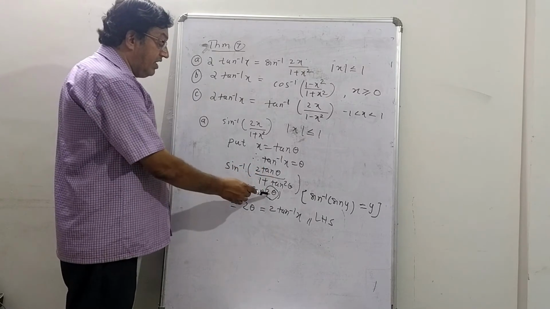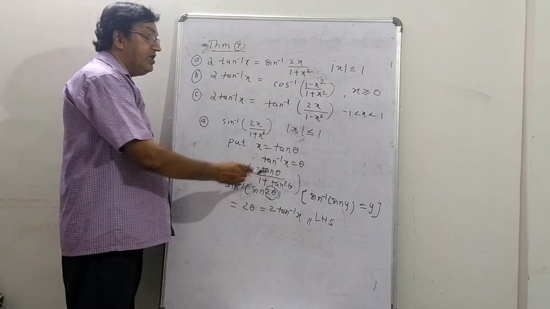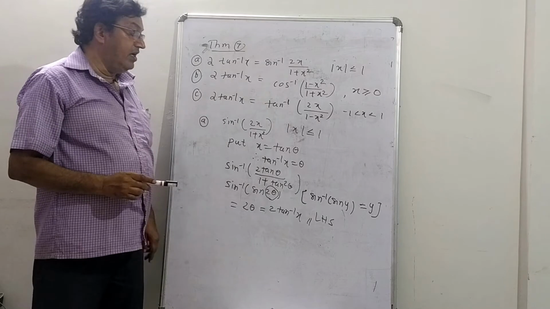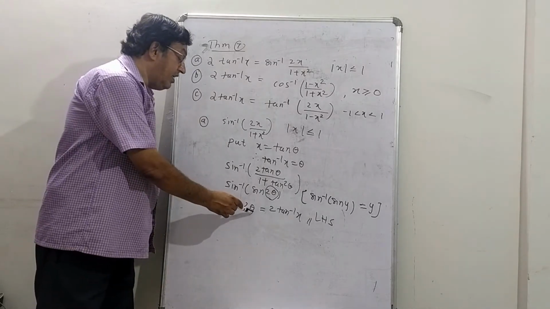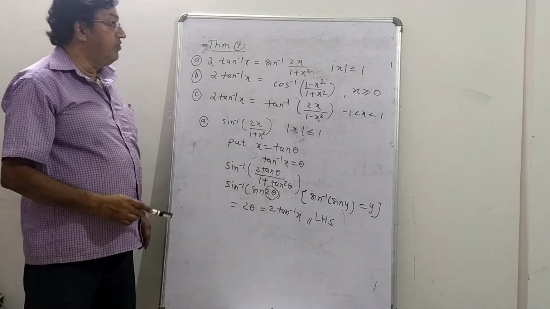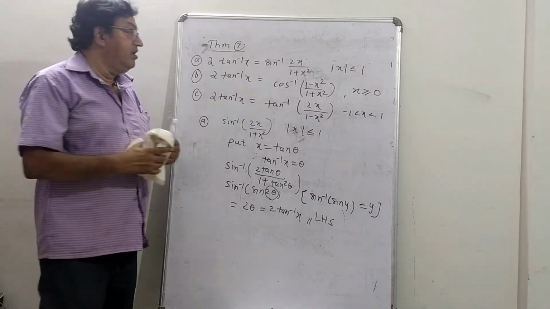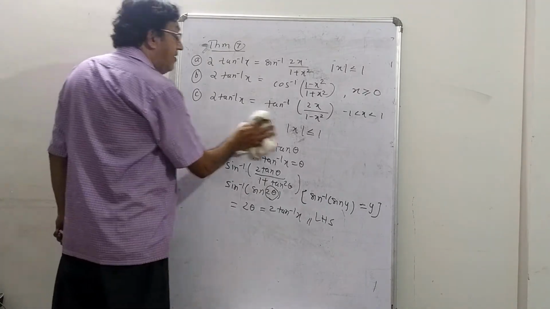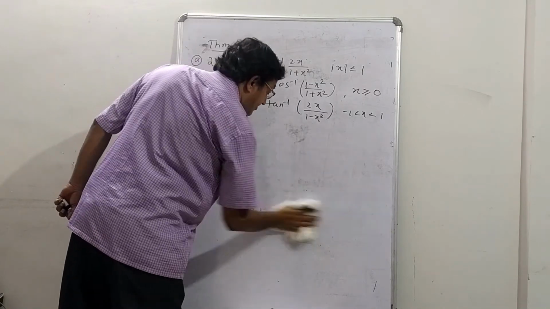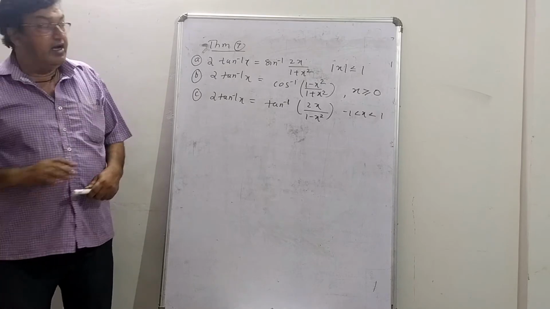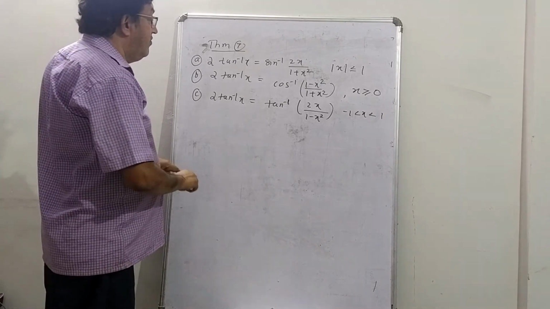So sin inverse of sin 2 theta will be 2 theta, because sin inverse of sin y is y. Substituting theta as tan inverse of x, we get 2 times tan inverse of x. This is your part number 1. Then we will come to the second part. The second part is 2 tan inverse of x.